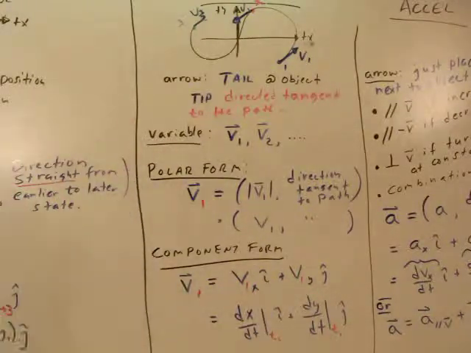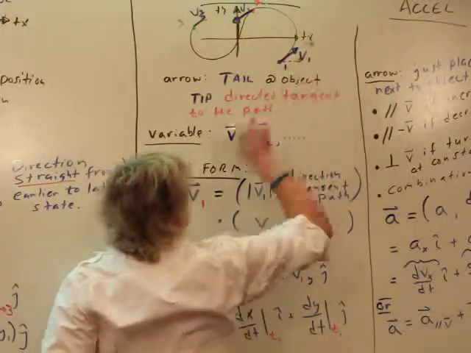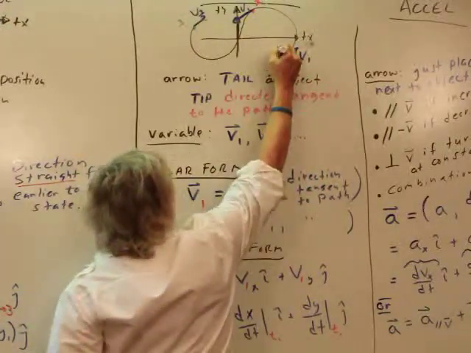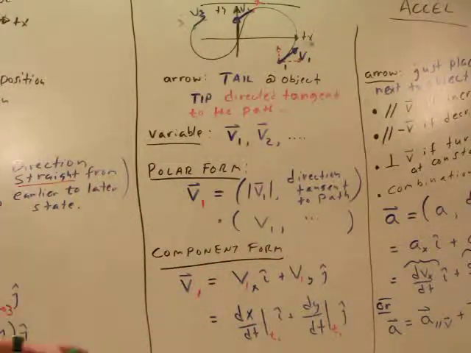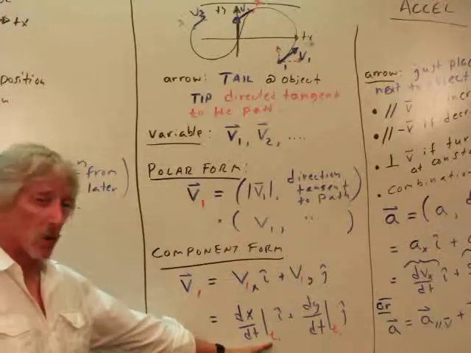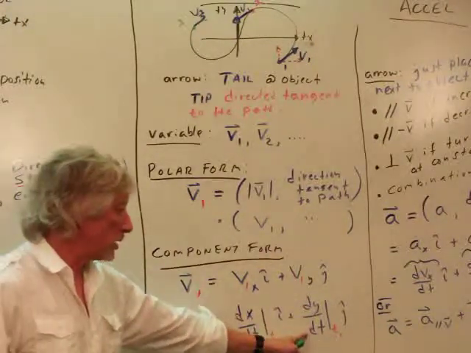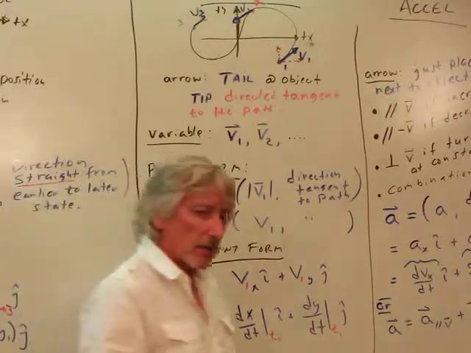So each of those vectors has a component moving that way in the x and moving that way in the y. So we'll see that. You could also write it as dx/dt evaluated at time 1 and dy/dt evaluated at time 1 for v1. Okay, so there's that.